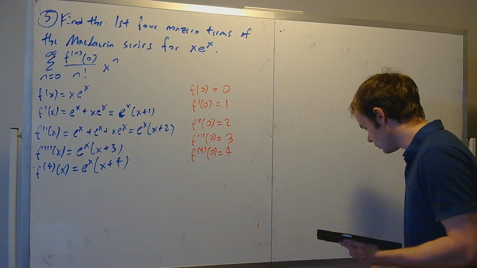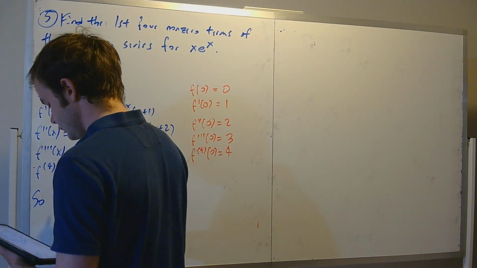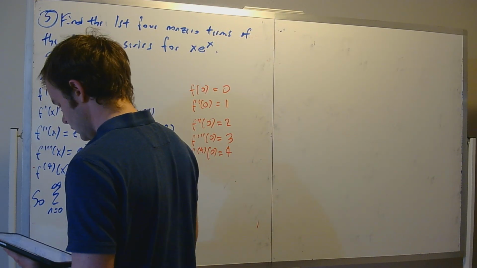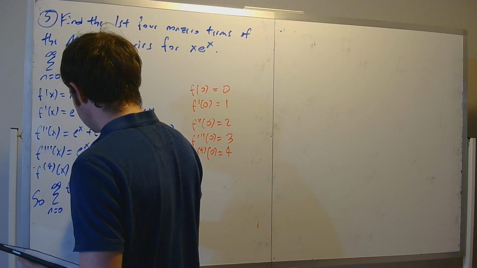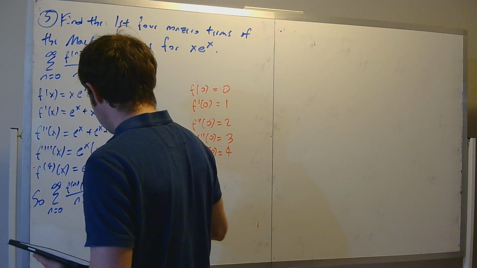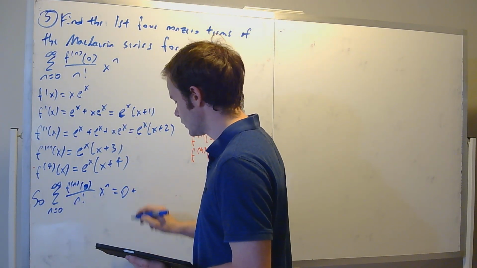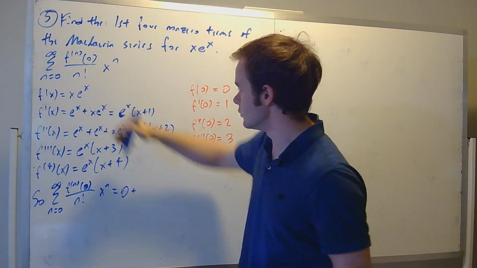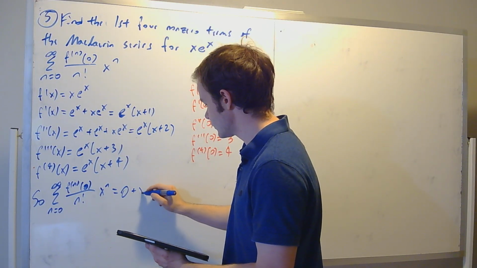So what we can write, the sum from n equals 0 to infinity of our Maclaurin series is going to be equal to, so if we plug in n equals 0, we get 0. But then if we plug in n equals 1, we said this is 1, so we're going to get just x.